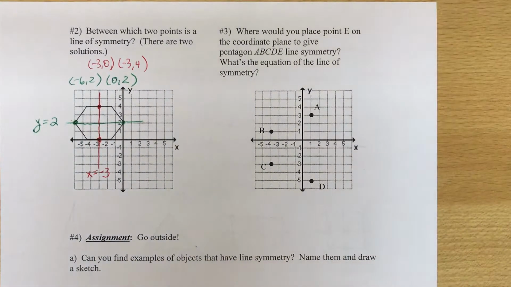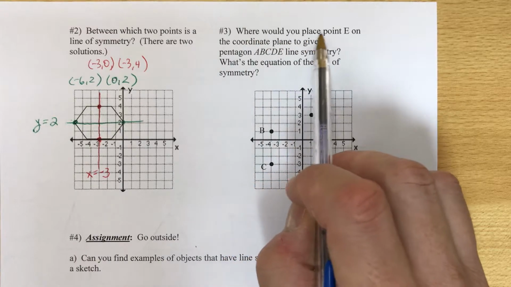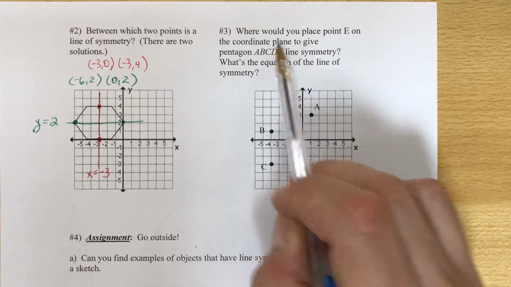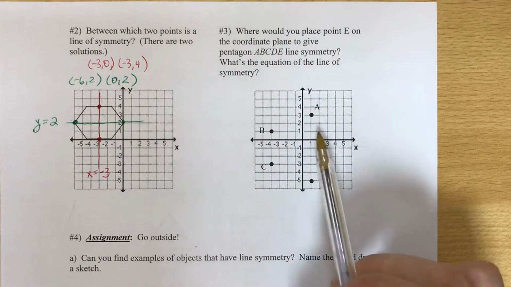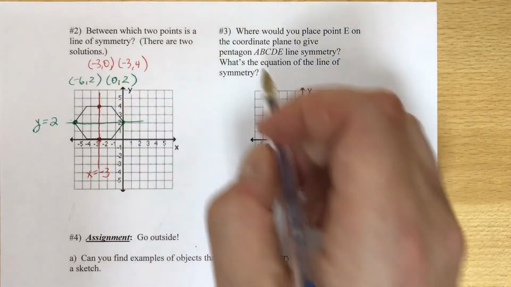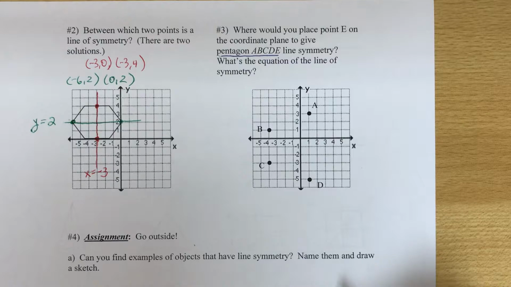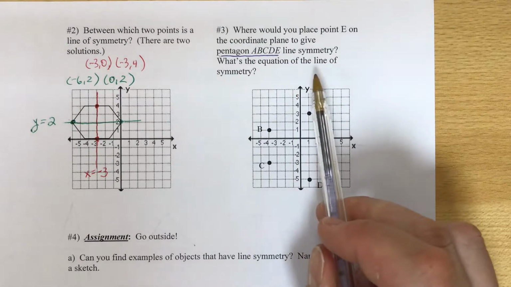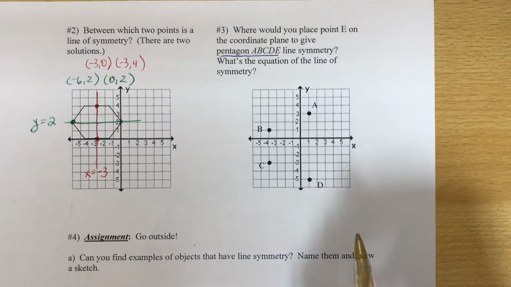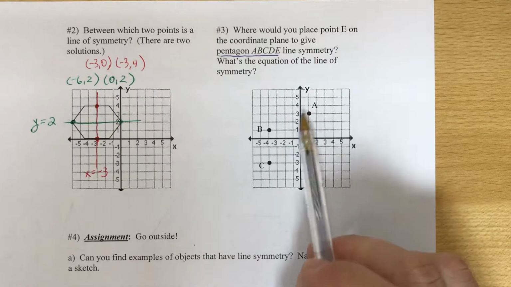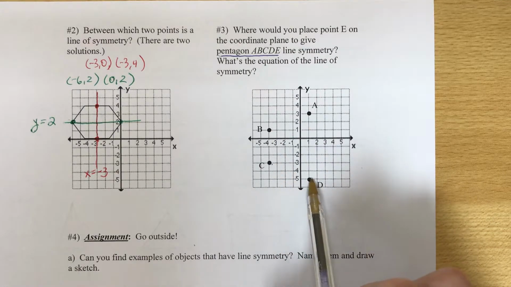All right, and then the last question we'll do here, number 3. Where would you place point E on the coordinate plane? Okay, so down here's the plane, to give pentagon ABCDE line symmetry. What's the equation of the line of symmetry? So they give us 4 points.